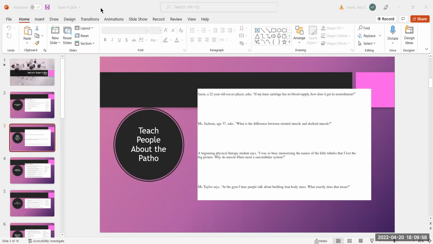So a true/false question may say you have a 22-year-old, and the nurse practitioner would say that the patient needs more education because he says, my cartilage needs more blood supply for it to be nourished. You would say true or false.